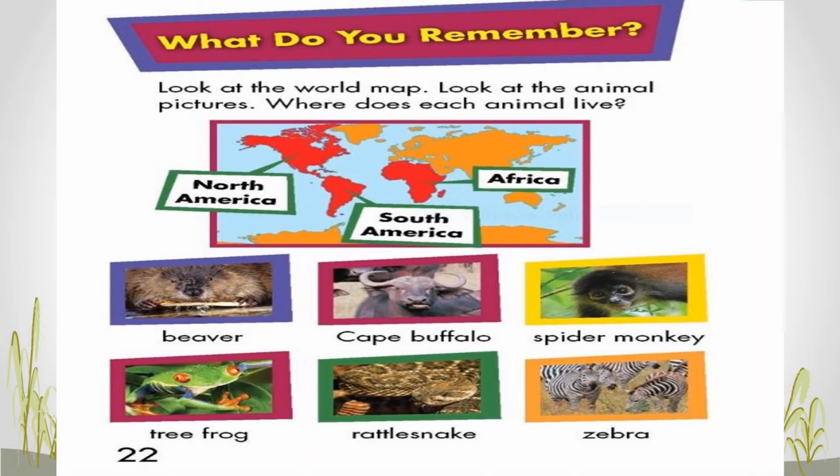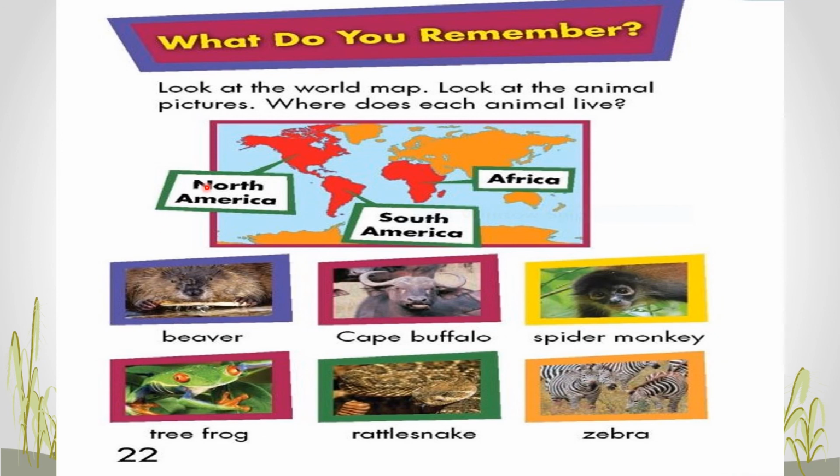Boys and girls, now we are going to do an activity called What Do You Remember? We're going to look at the world map. This is the world map, and we're going to look at the animal pictures, which is here. So we have the beaver, the Cape buffalo, spider monkey, tree frog, rattlesnake, and zebra. And we're going to figure out where each of these animals live. So, for example, the beaver. Where does the beaver live?